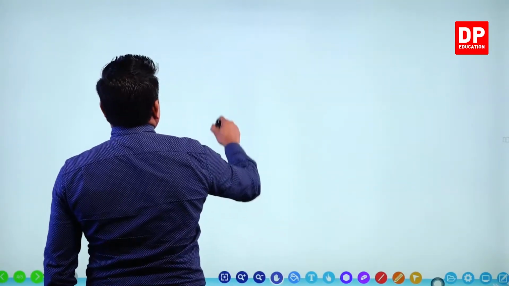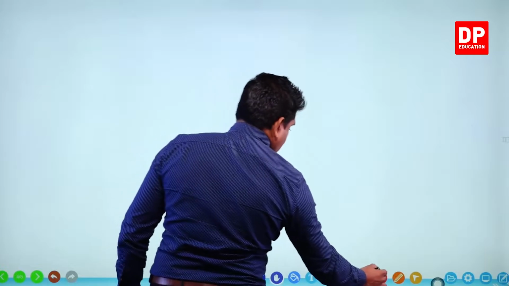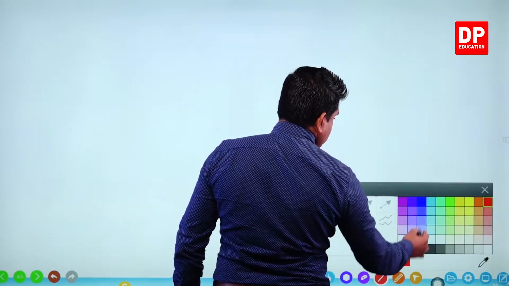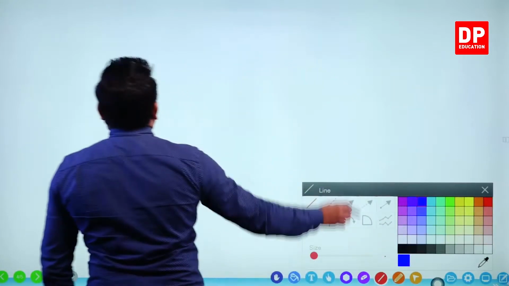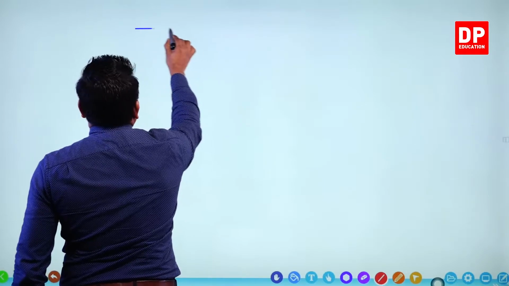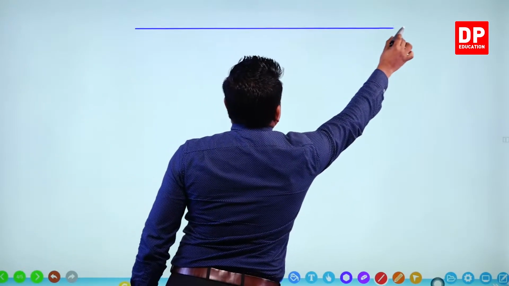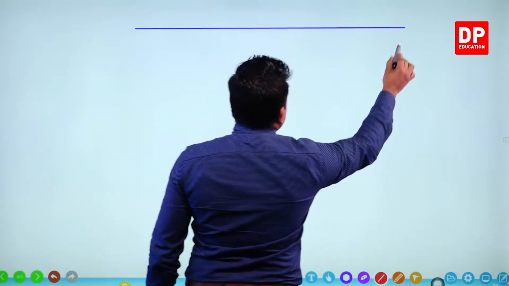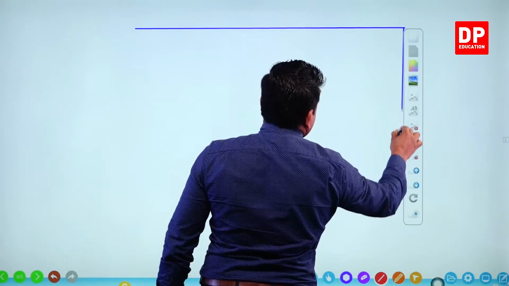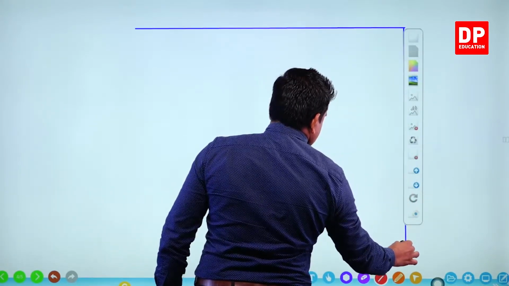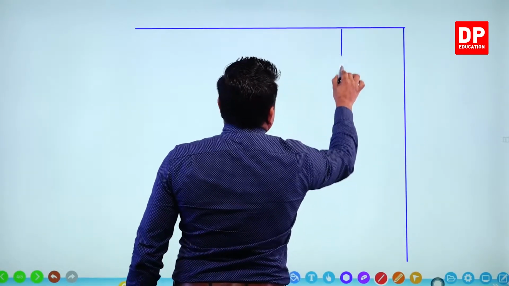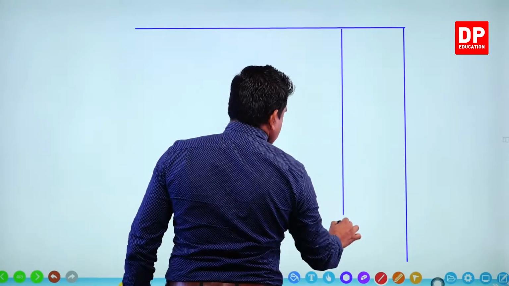You know, first we have to draw what? First we have to draw profit and loss statement. Okay. You know, we have to draw 3 columns.